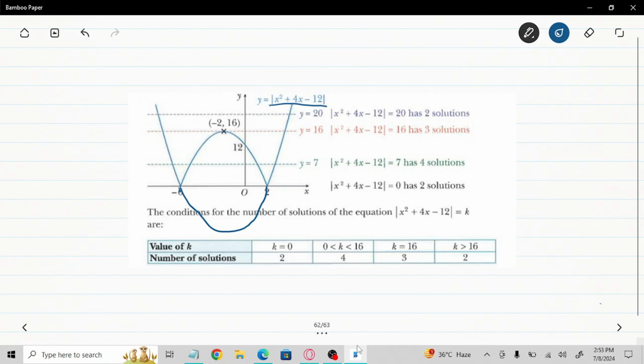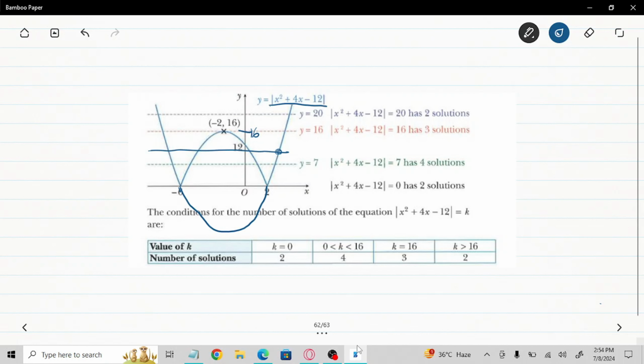So on different altitudes, we are going to have different solutions. For example, when y is lesser than 16, this is 16, whenever y is lesser than 16, we draw a line somewhere, it's going 1, 2, 3 and 4.